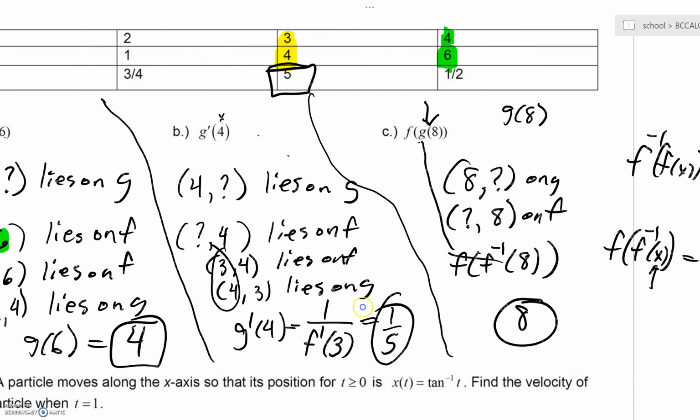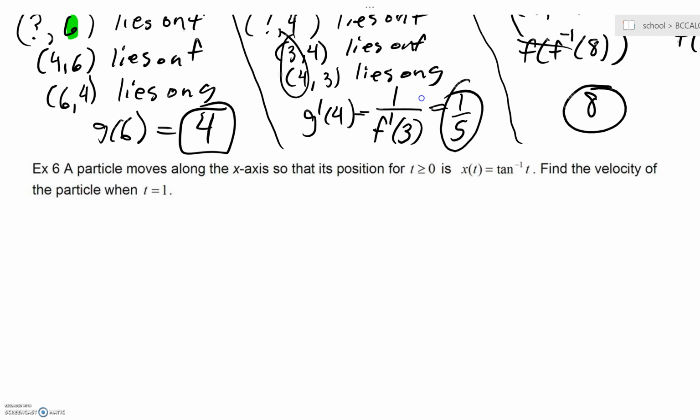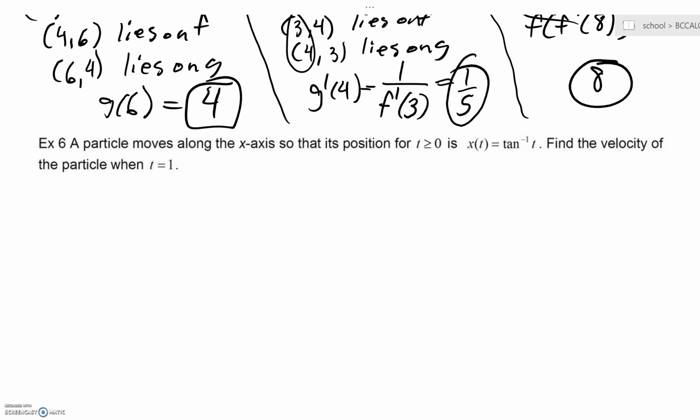So, one last problem. And this one's a really good one for us to take a look at. It says, a particle moves along the x-axis so that its position is inverse tangent of t. Find the velocity of the particle when t is equal to 1.